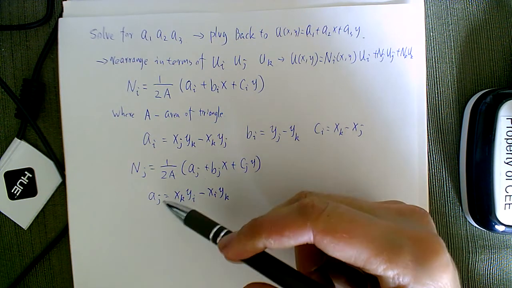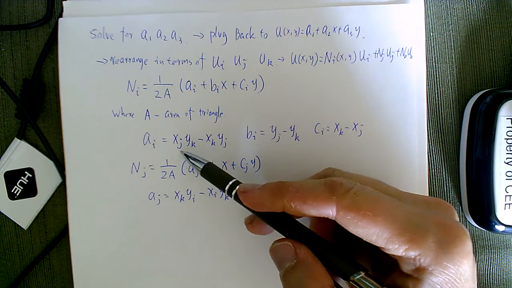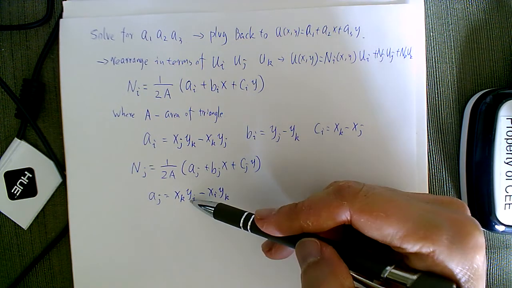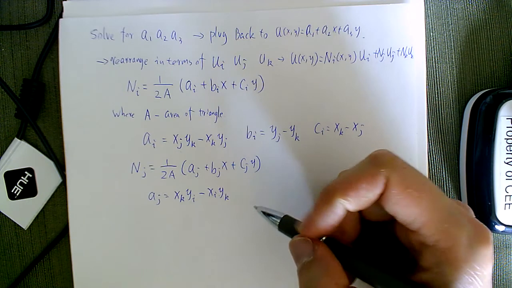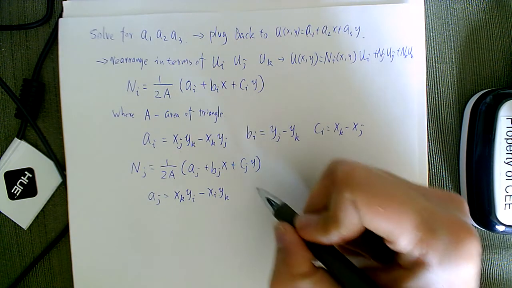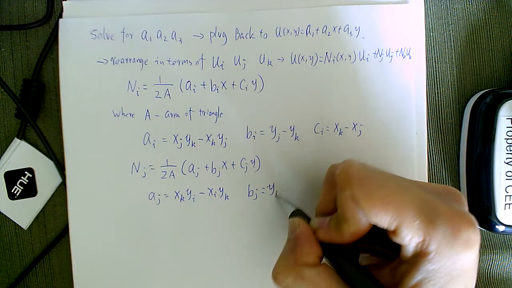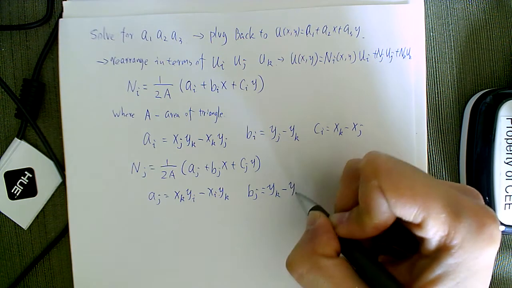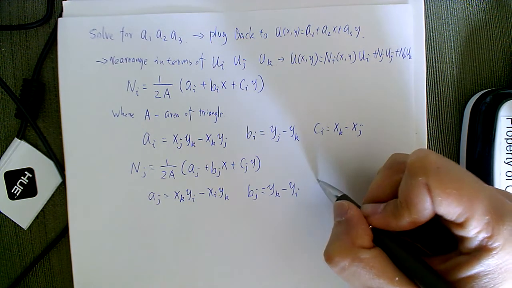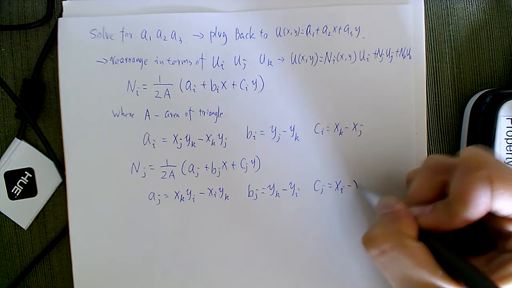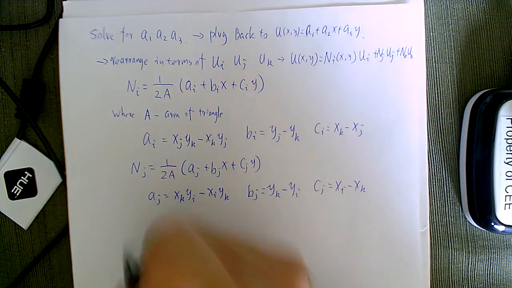You know i, j, k is the cyclic order, but if you put this the wrong way, then you totally mess it up. Then bj is yk minus yi. cj is xi minus xk.